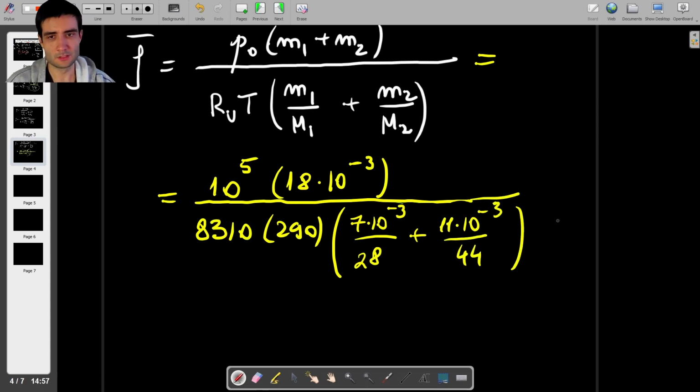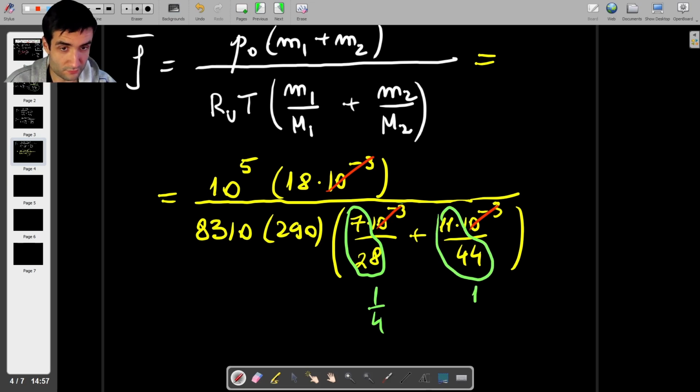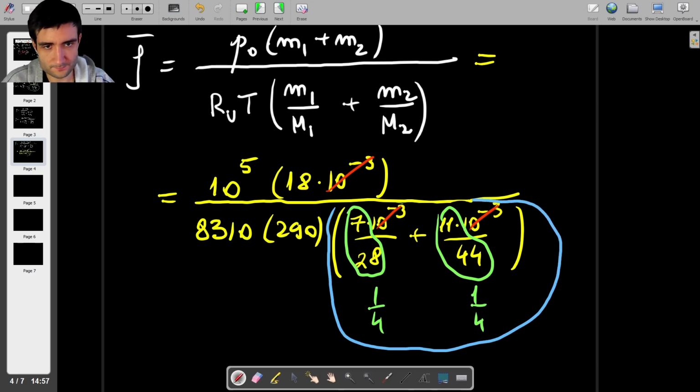The 10 to the minus 3 factors cancel out, which is nice. This term is 1 over 4, and this is also 1 over 4, so the bracket is 1 over 2.